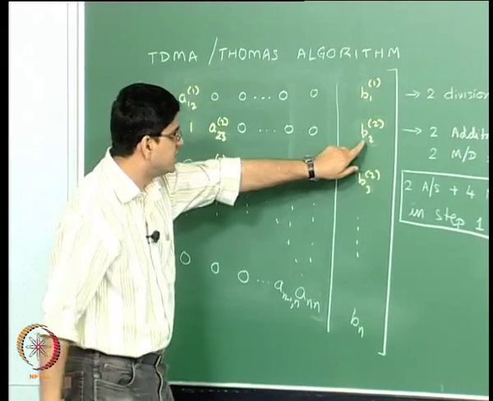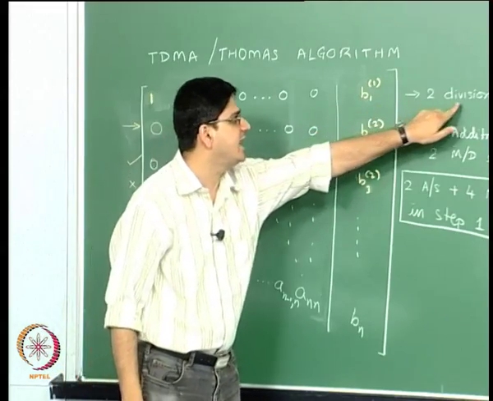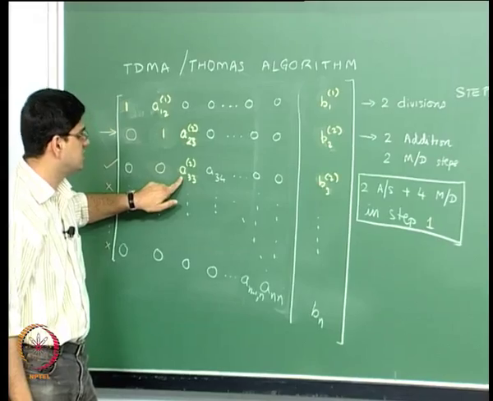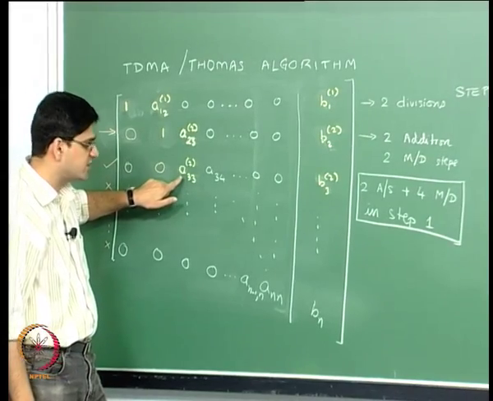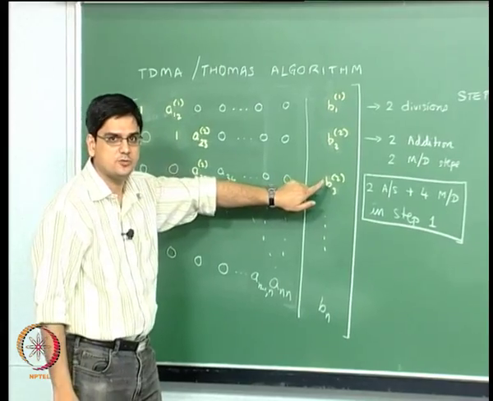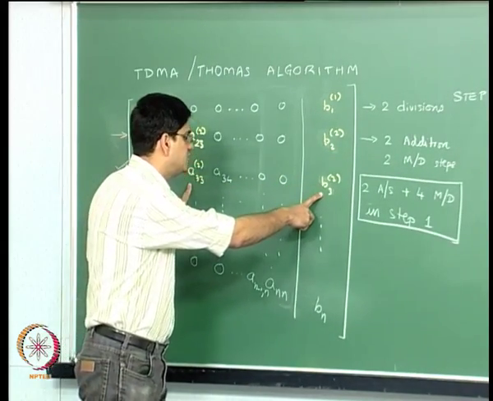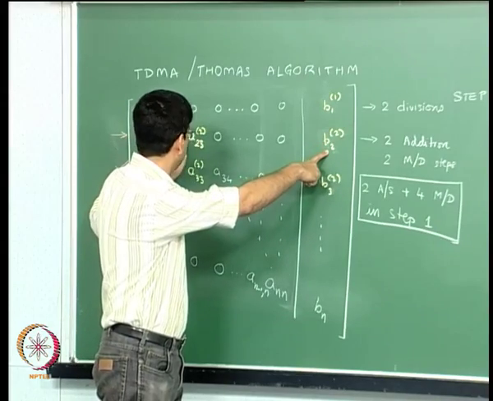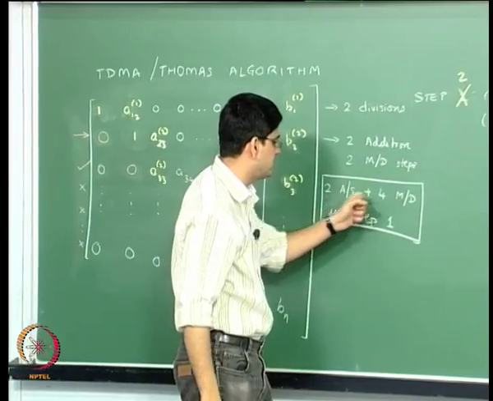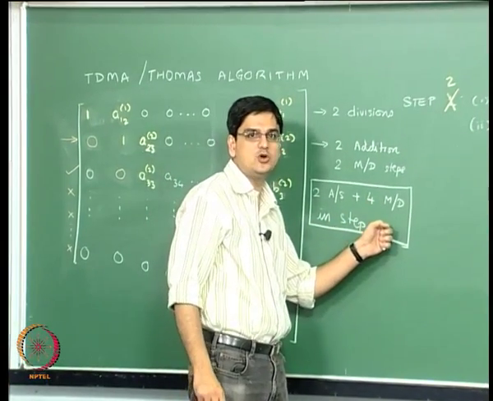So there are 2 division steps exactly as we had earlier. There is going to be one addition subtraction and one multiplication division step to get this element, and one addition subtraction and one multiplication division step to get this one. So 2 addition subtraction plus 2 multiplication divisions plus 2 multiplication divisions over here. So as before, we will have 2 addition subtraction and 4 multiplication division steps in step number 2 as well.